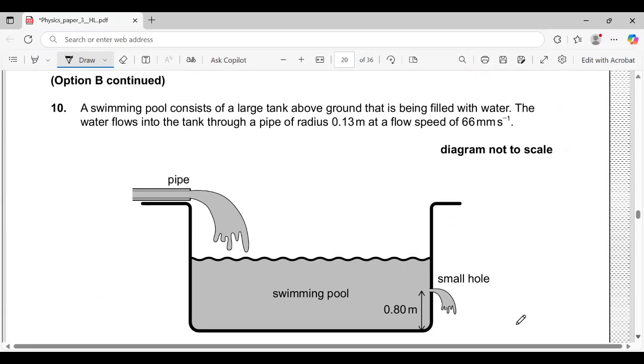Number 10. A swimming pool consists of a large tank above ground that is being filled with water. The water flows into the tank through a pipe of radius 0.13 meters at a flow speed of 66 millimeter per second.